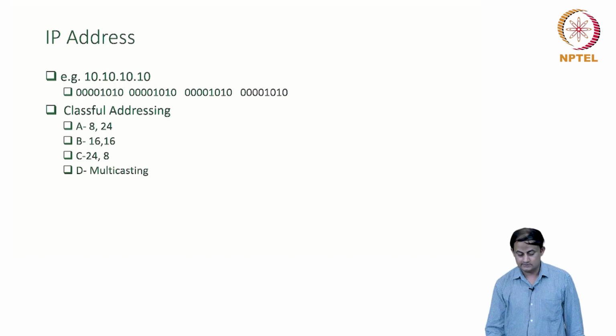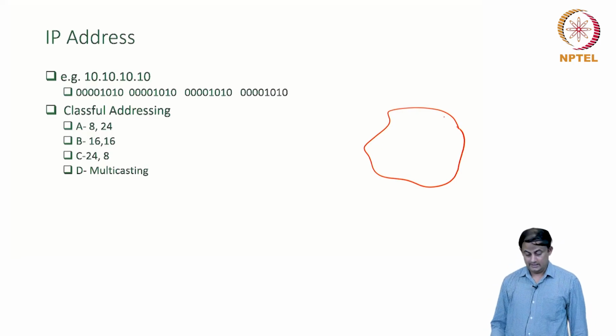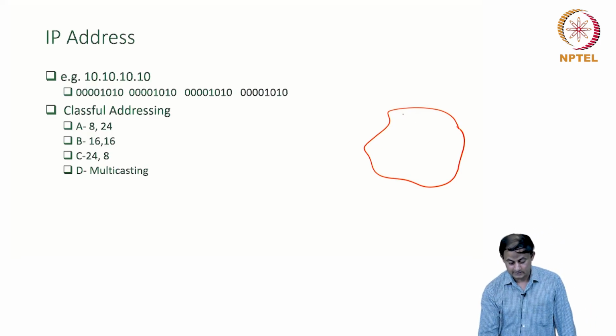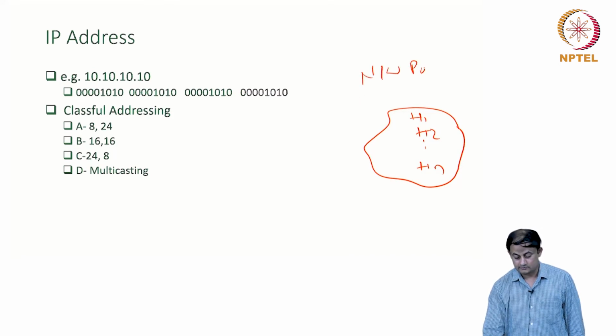What it means is, if I have a network here with a bunch of computers inside, let us call them H1, H2, and so on up to Hn, and all these computers from H1 to Hn share a common prefix, I denote that as the network portion of the IP address.